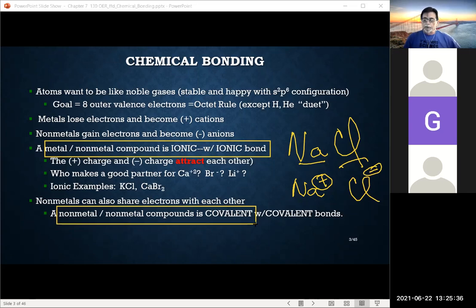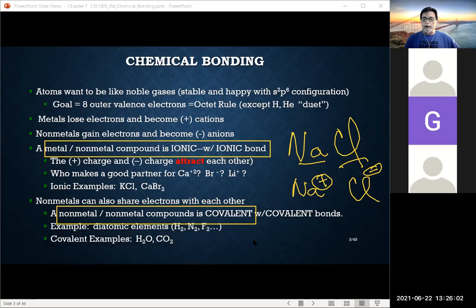Remember, we're making compounds. A compound is any combination of two different elements. If one of them is a metal and one is a nonmetal, you have an ionic compound. If both of them are nonmetals, you have a covalent compound. And in that case, they're sharing a bond. They're sharing electrons.